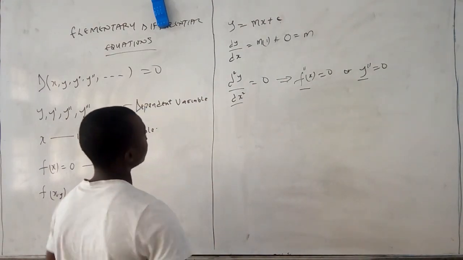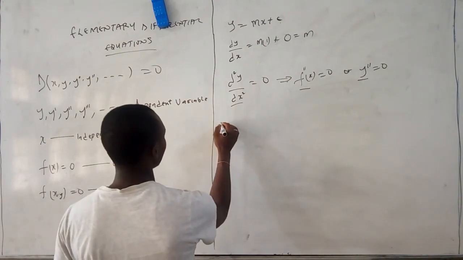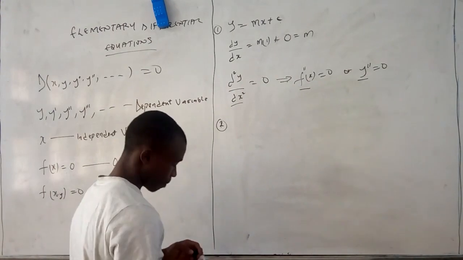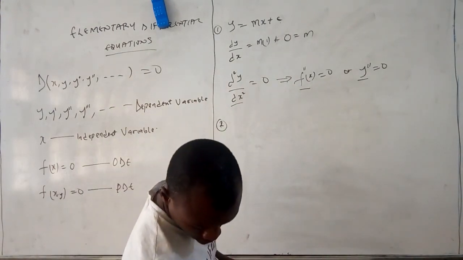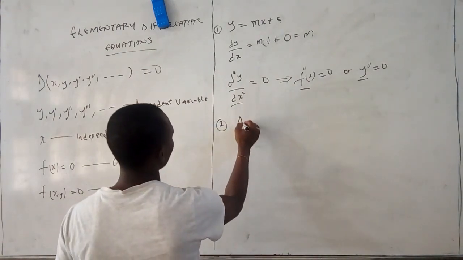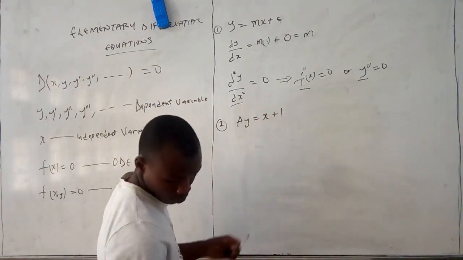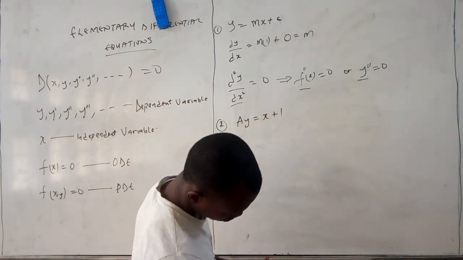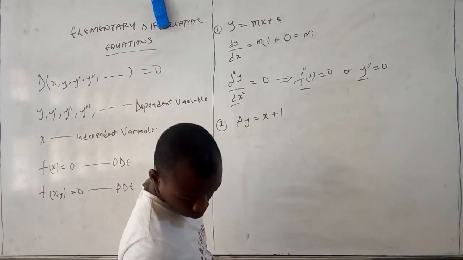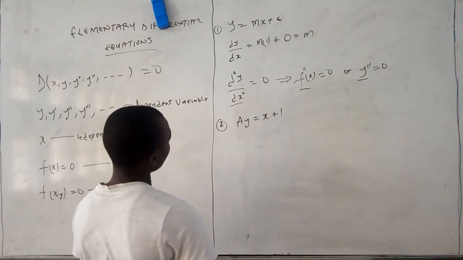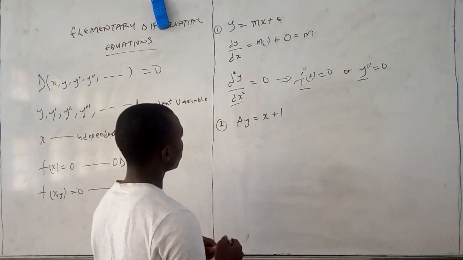Let's take an example. Let's say example 2. We have ay is equal to x plus 1.